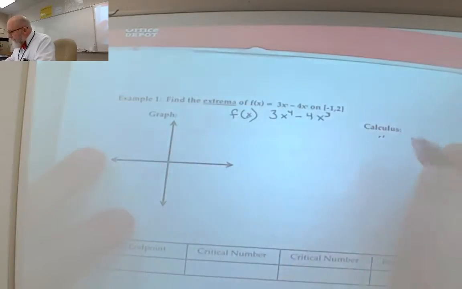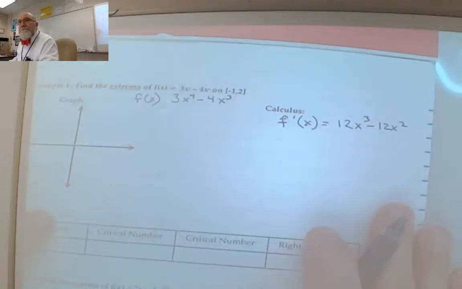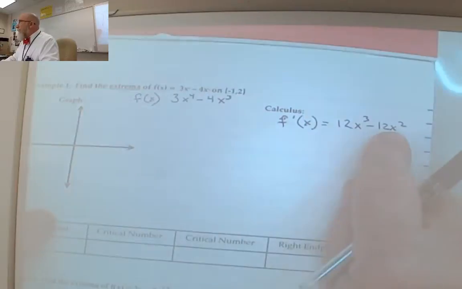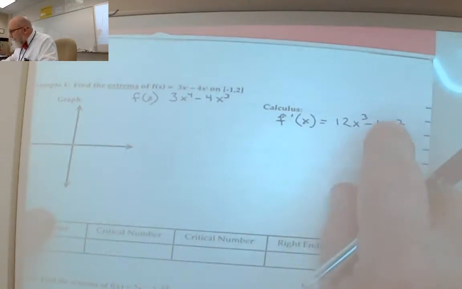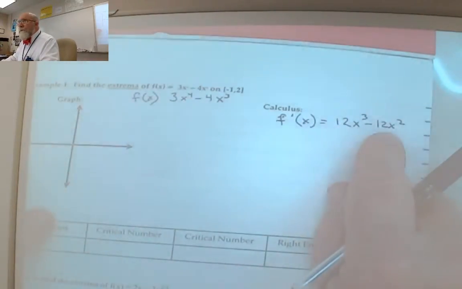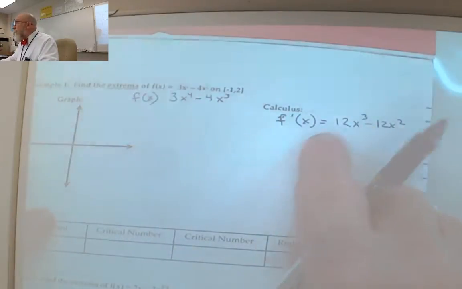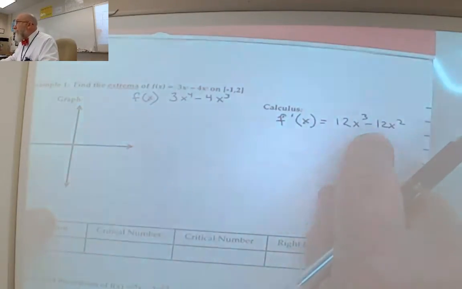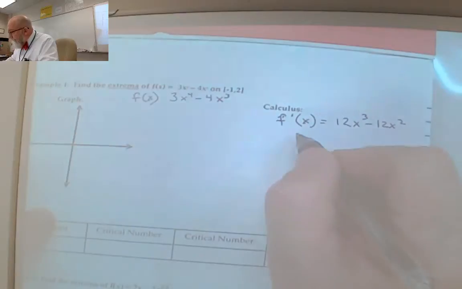So what I'm going to do is take the derivative, and I'm going to get 12x cubed minus 12x squared. That's my derivative. That's what computes my slopes. I'm looking for slopes of 0.